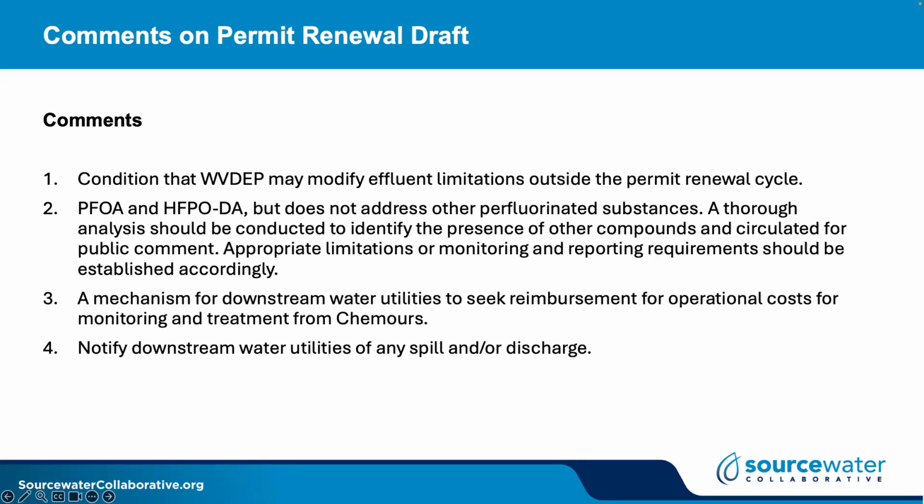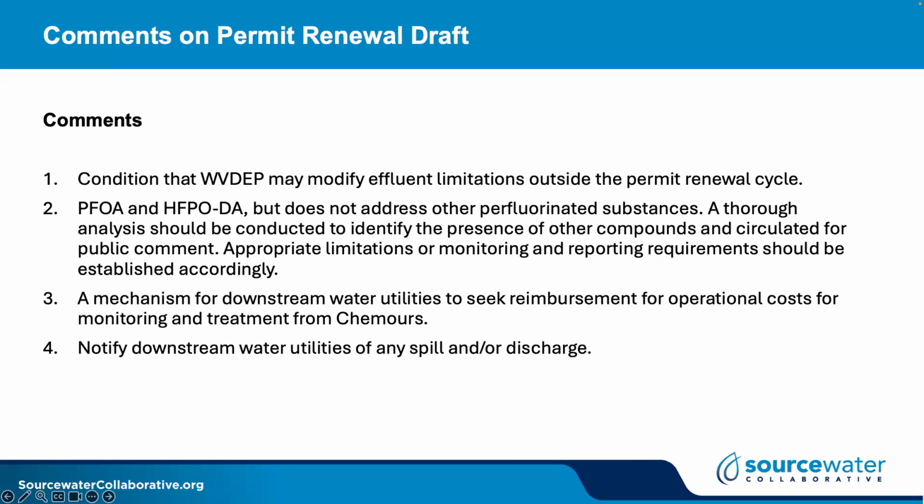And the fourth and final formal comment on this permit was that the draft permit required immediate reporting to the DEP in the event of a spill or any accidental discharges that exceeded their maximum daily discharge limitation.